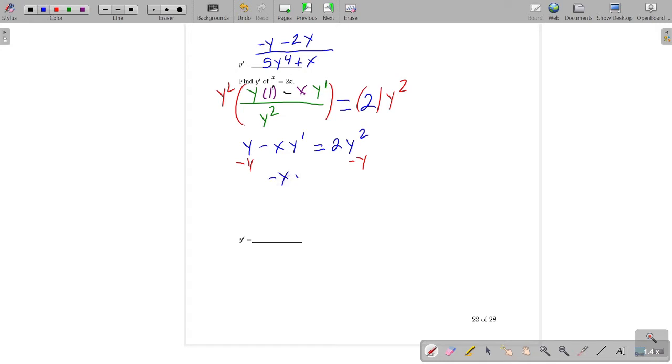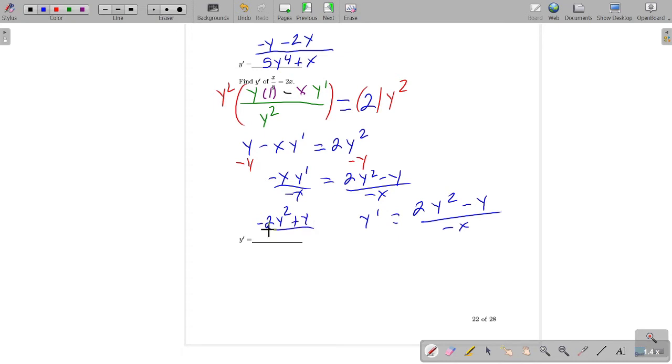So negative xy prime equals 2y squared minus y, divide by negative x. So I would have y prime equals 2y squared minus y over negative x. Or you could have negative 2y squared plus y over positive x.